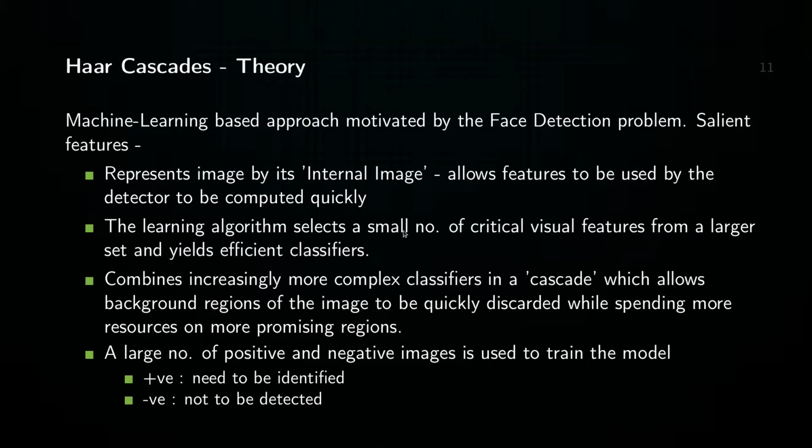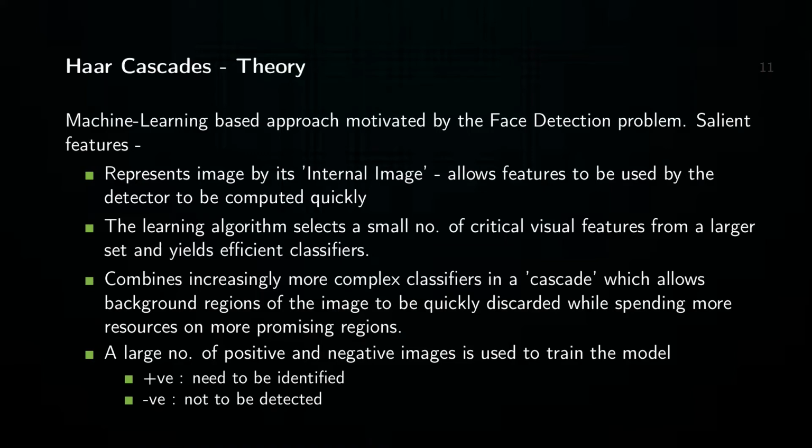The images are represented by an integral image, which allows features used by the detector to be computed very fast. Then the learning algorithm does not use every single feature that it detects, but uses some critical visual features, which yields very efficient classifiers.